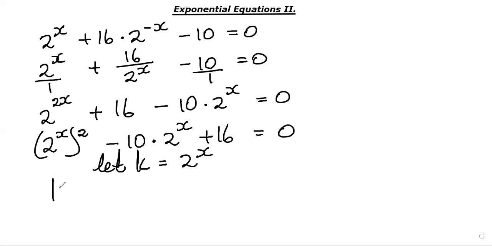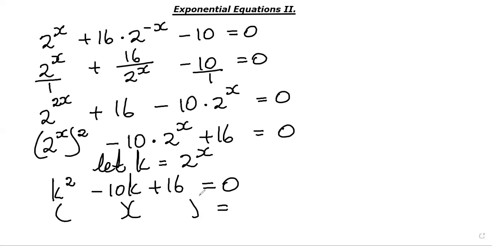So we say, okay, this means I have k squared minus 10k, and then we say plus 16, and this is equal to 0. Then we have to factorize this quadratic equation in order to solve for k. So factors of k squared, it's k and k. Factors of 16 that add up to 10 can only be 8 and 2.